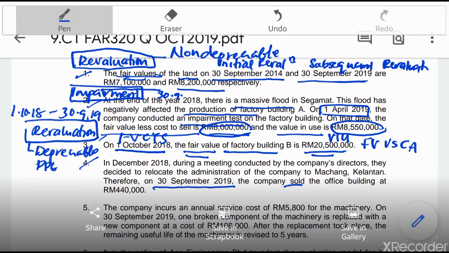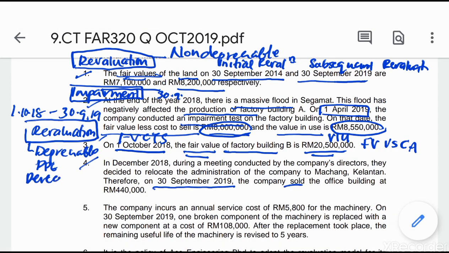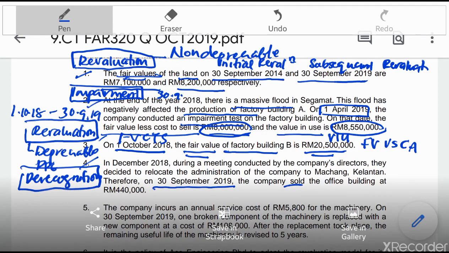So the word sold means this has something to do with derecognition. So this is the derecognition or disposal of office building. Derecognition here, you need to go and check what is the carrying amount as on 30th of September.